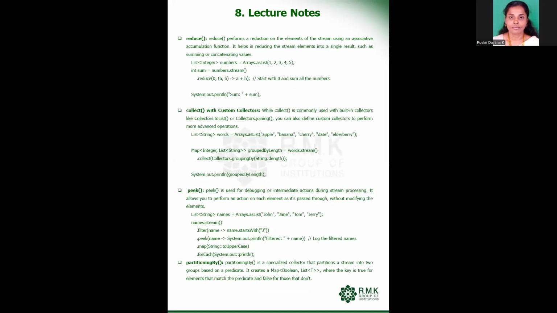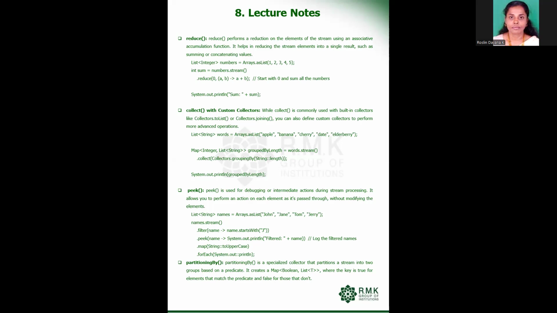The next method is a terminal method, reduce. It is used to perform reduction on the elements of the stream using an associative accumulation function. It helps in reducing the stream elements into a single result. For example, there is a list called numbers. It contains 5 values. We create the list of values by using the asList method, giving the values directly in the code. So Arrays.asList of 1, 2, 3, 4, 5.